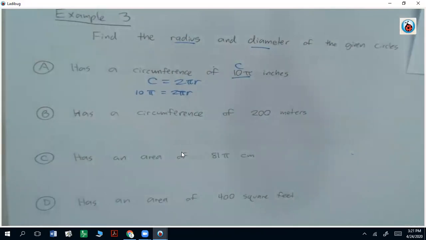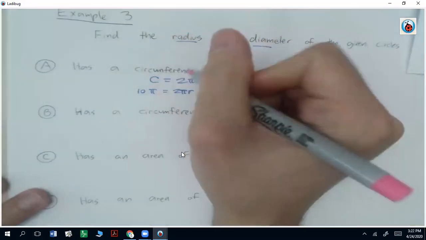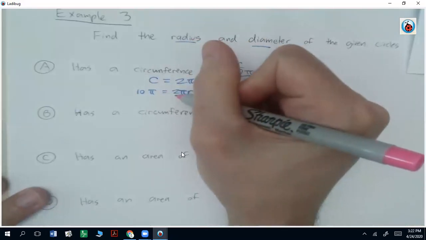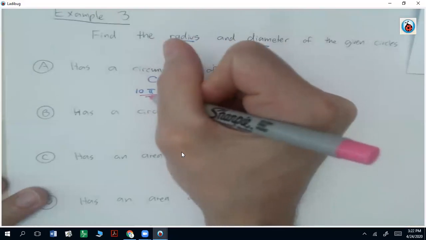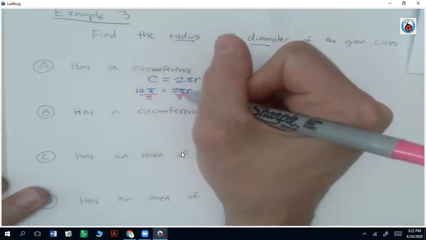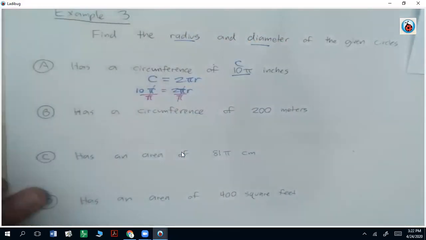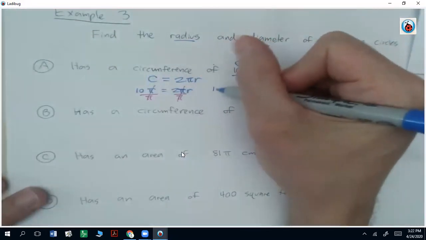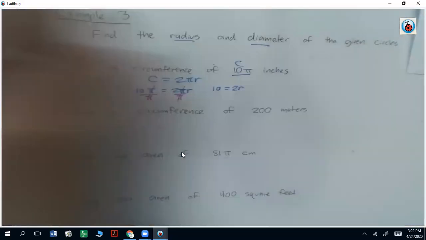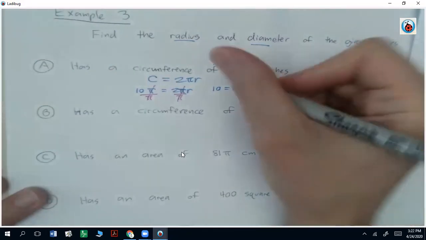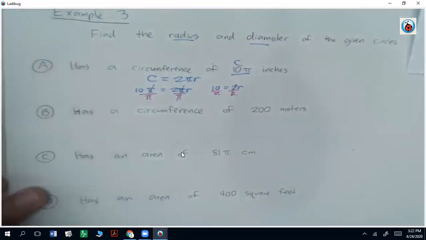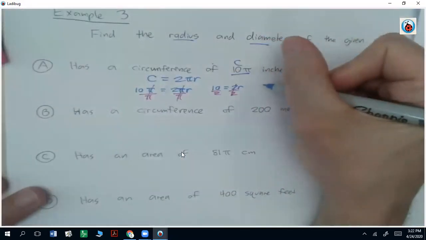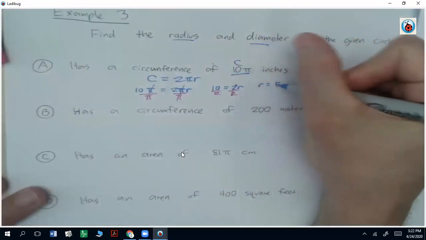So in this problem, we can actually solve for r, which is the radius. To do that, we want to divide both sides by pi. And since the pi is on both sides, they'll just cancel out. And so 10 is going to equal 2 times r. At that point, you can divide both sides by 2 to solve for r by itself. 10 divided by 2 is 5. So your radius is 5 inches.